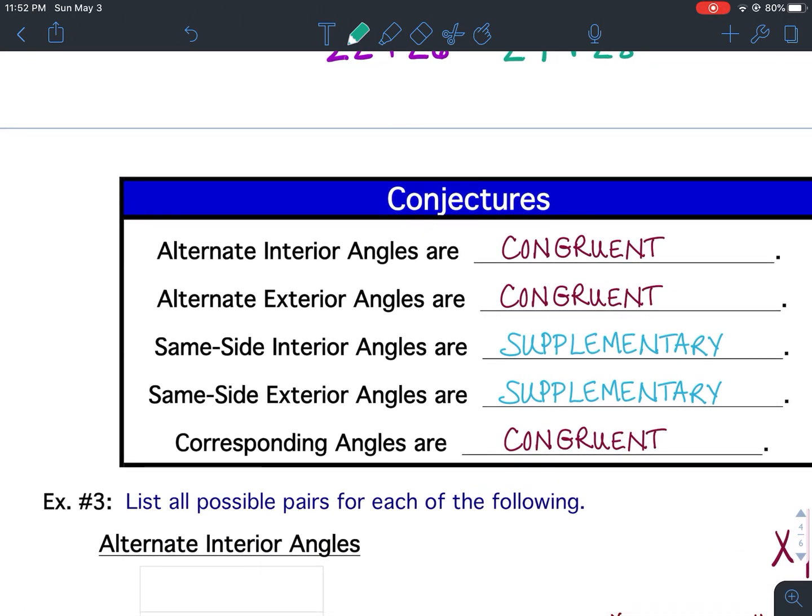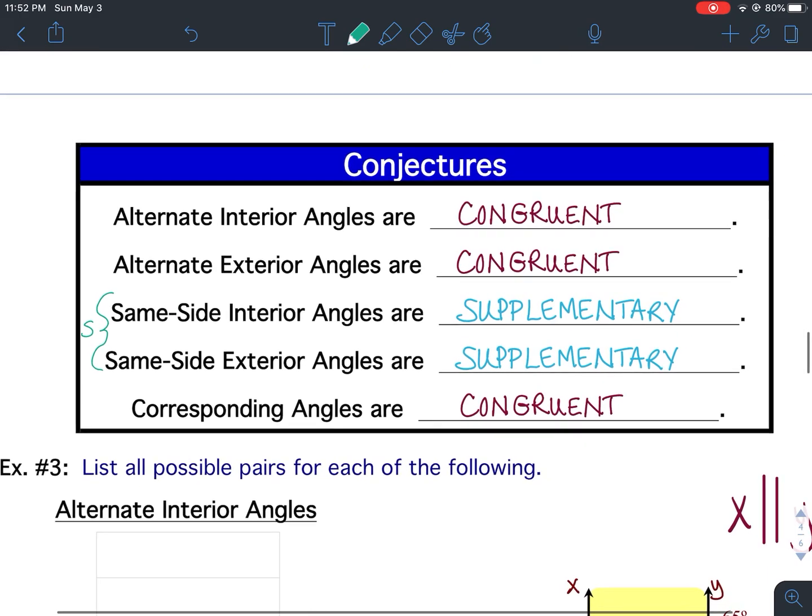And the only thing I want to point out to you as you're writing this down is, notice how the two that start with an S are the two that are supplementary. The two types of angles that start with an S are the ones that are supplementary. The others are congruent. So pause your video, get all of that written down.